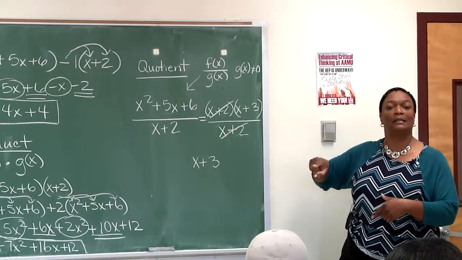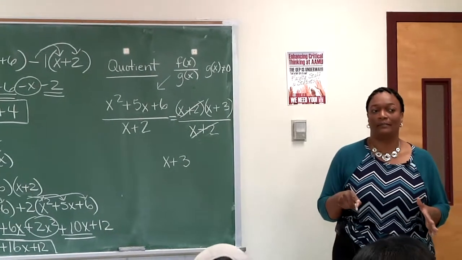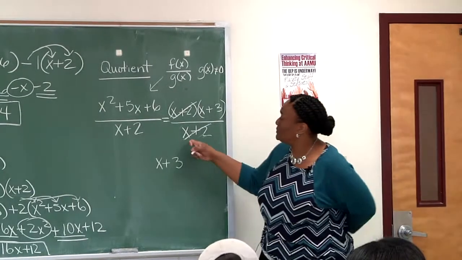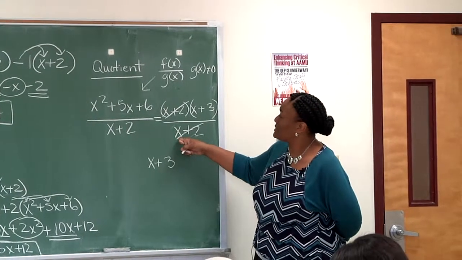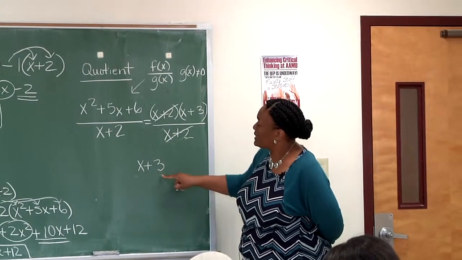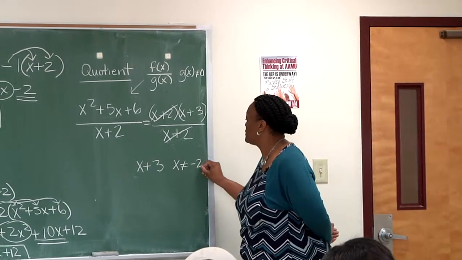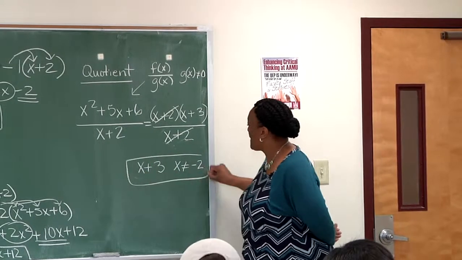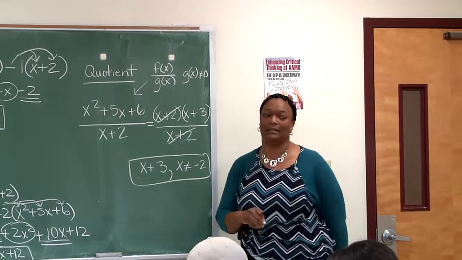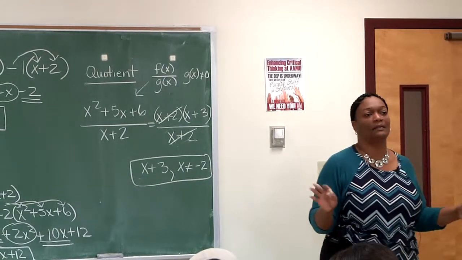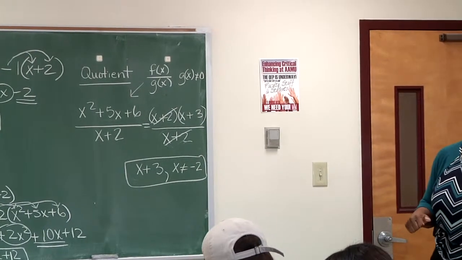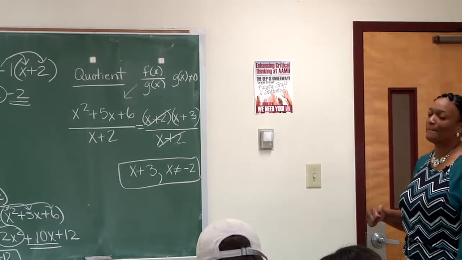We can't have that because it makes the function undefined, right? So we have to take into consideration this x right here. So the answer is x plus 3 when x is not equal to negative 2. Okay? I'll put a comma in there and separate that. x can't equal negative 2 because we can't get a 0 in that denominator. Okay?